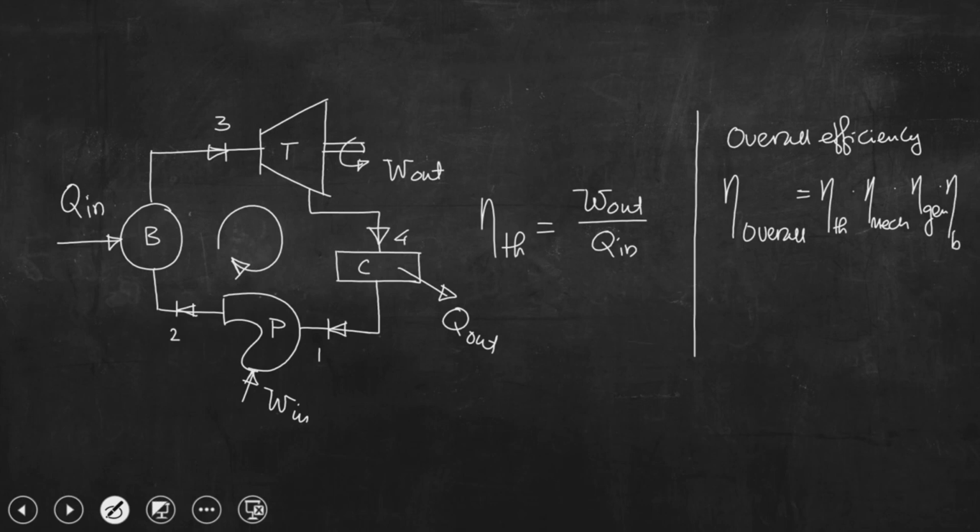So, you can understand, if we want to predict the overall efficiency of the plant, we also need to know 3 different other efficiencies together with the thermal efficiency that we have already discussed. So, this thermal efficiency that we have studied, and we have worked out numerical problems as well.